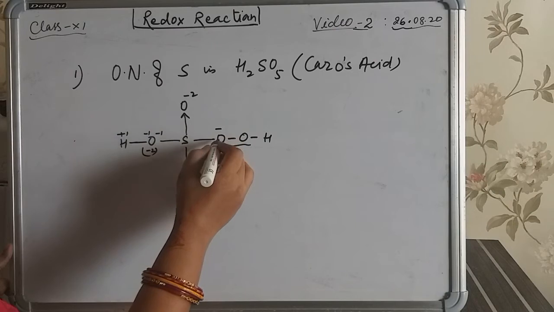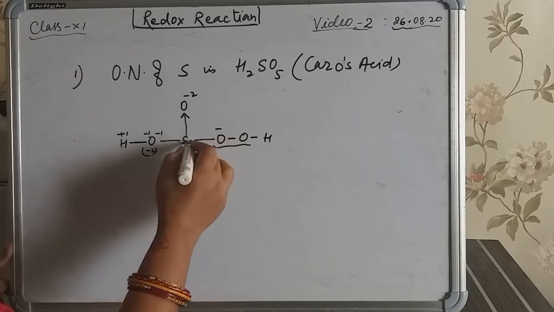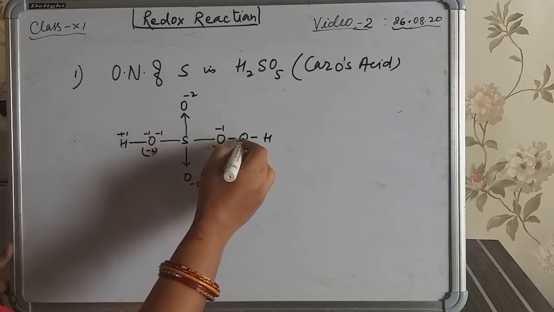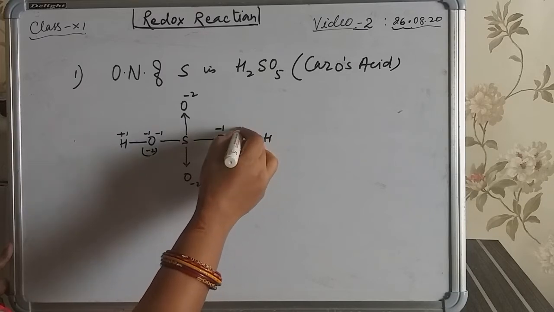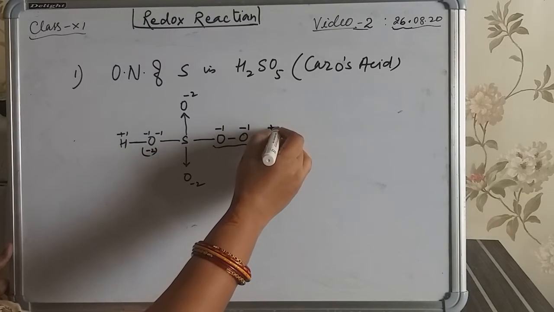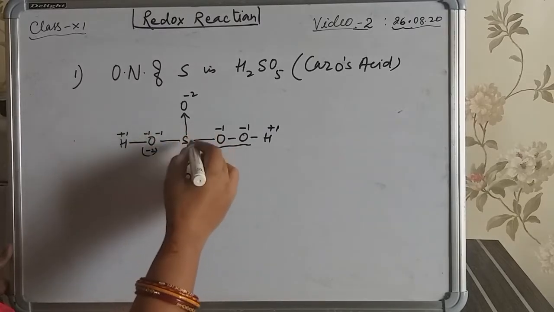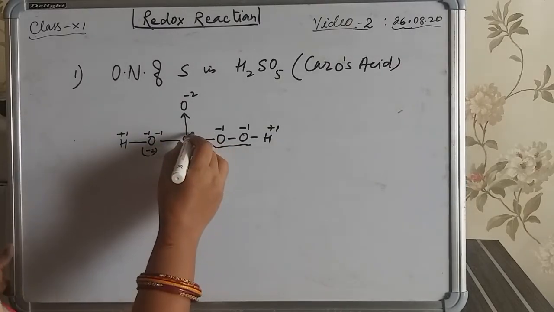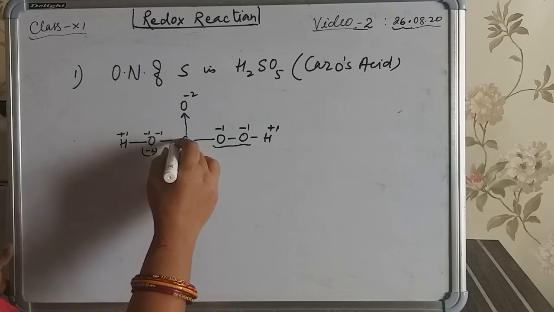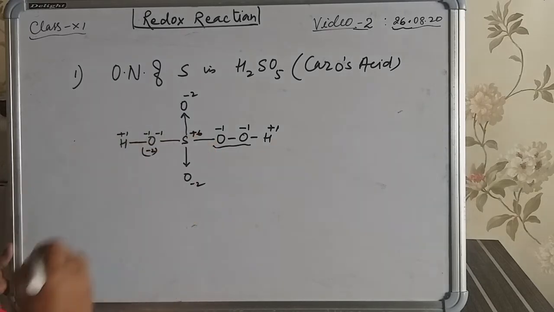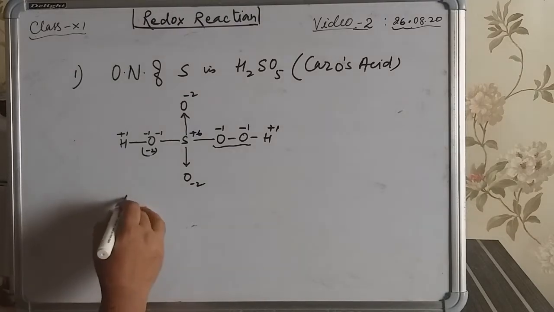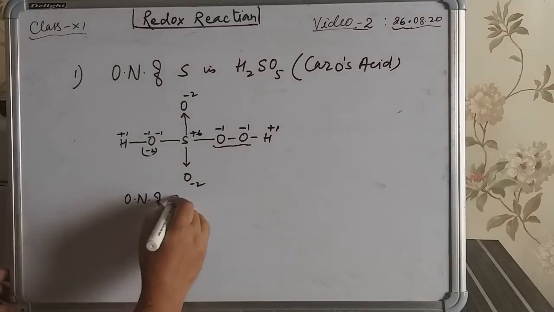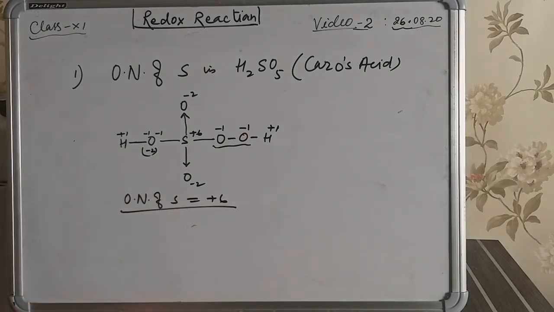So oxygen is more electronegative than sulfur, so it requires -1, and this is more electronegative than hydrogen, so it also requires -1, +1. On sulfur, the total oxidation state is plus 2, 2, 4, 5 and 6, total plus 6. In this way you can find out that the oxidation number of sulfur in this molecule is plus 6.